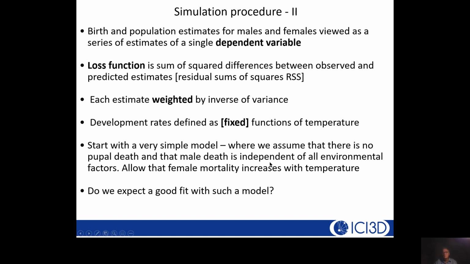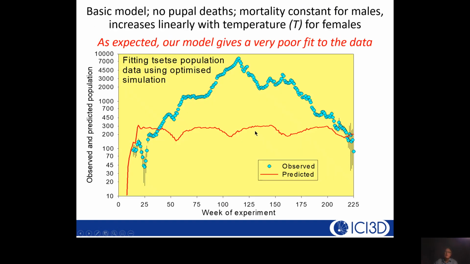Do we expect a good fit with such a model? Well, obviously we don't, and indeed that expectation is realized. So here are the numbers of male flies right the way through the 4-year period. We basically use a fitting routine, which just jiggles the value of the coefficient of the effect of temperature on female adult mortality up and down.